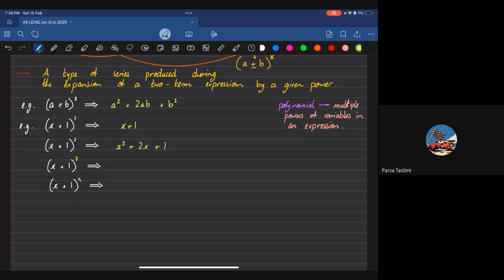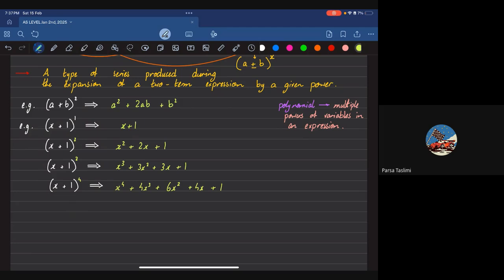So now you have a polynomial expression. Then it's going to become x cubed plus 3x squared plus 3x, if I'm not wrong, plus 1. And then it's going to become x raised to the power 4 plus 4x cubed plus 6x squared plus 4x plus 1.